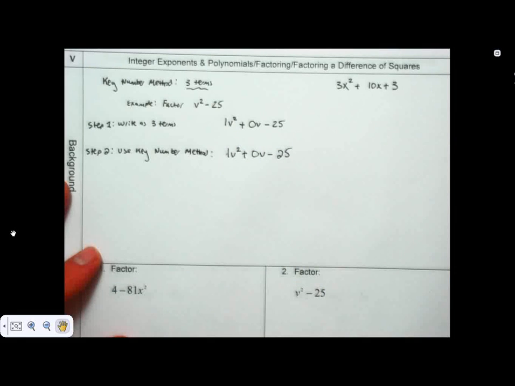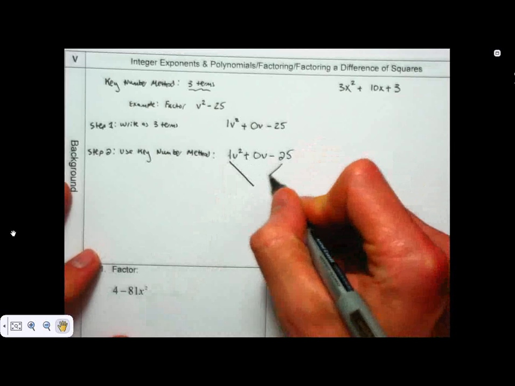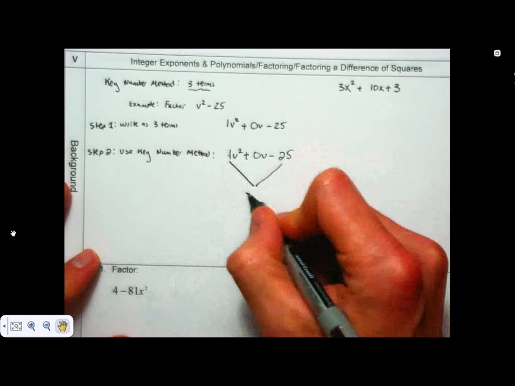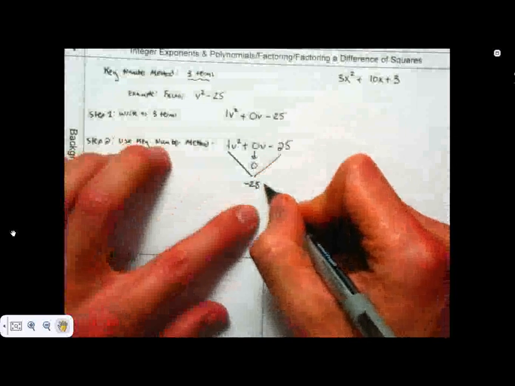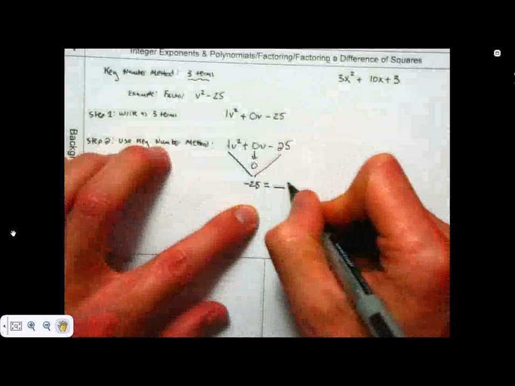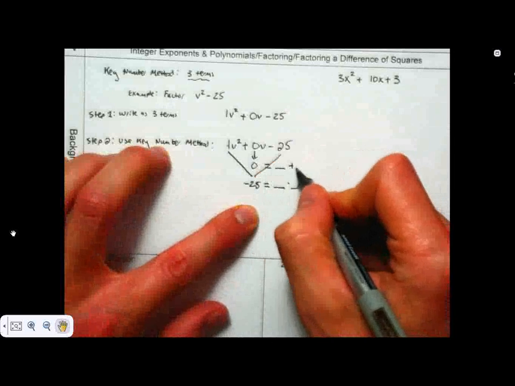But the key number method, I'm going to multiply my two outside guys together. So 1 times negative 25 is negative 25. And then I drag down this middle term, which is 0. So I have to think of two numbers that multiply together to be negative 25, but at the same time they have to add together to be 0.